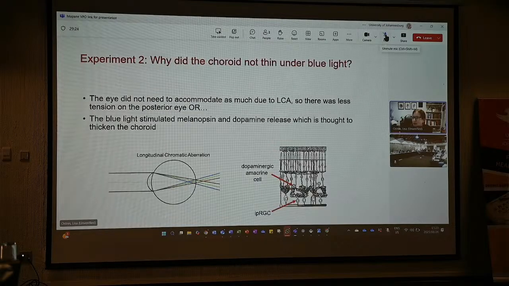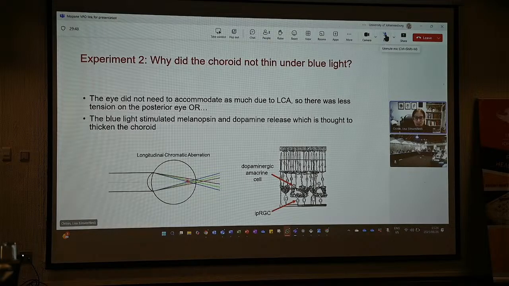So with these results, we wondered, why did the choroid not thin under blue light? And we thought there's 2 potential reasons for this. One is simply due to longitudinal chromatic aberration. So blue light is refracted more by the eye, and it focuses in front of longer wavelengths, and therefore the eye doesn't need to accommodate as much.